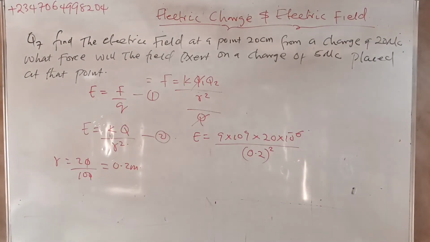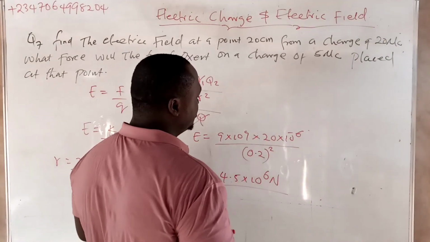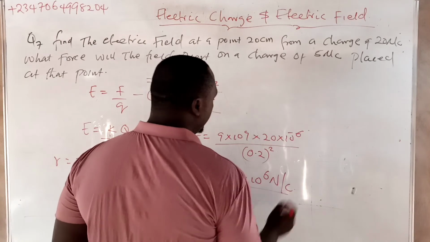If you punch your calculator, this will give you 4.5 times 10 raised to the power of 6 Newton per coulomb.